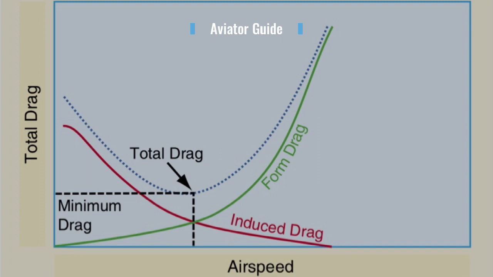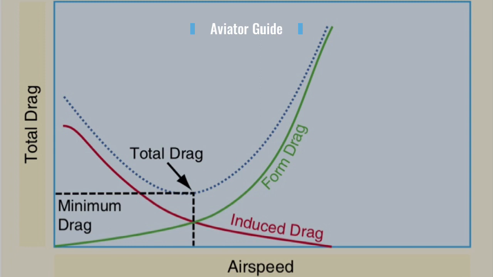The amount of induced drag varies inversely with the square of the airspeed. Conversely, parasite drag increases as the square of the airspeed. Thus, as airspeed decreases to near the stalling speed, the total drag becomes greater, due mainly to the sharp rise in the induced drag.